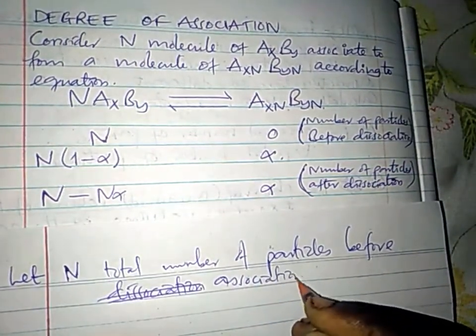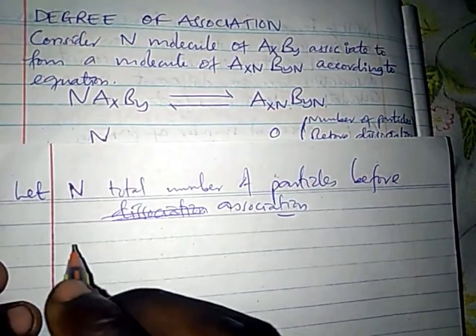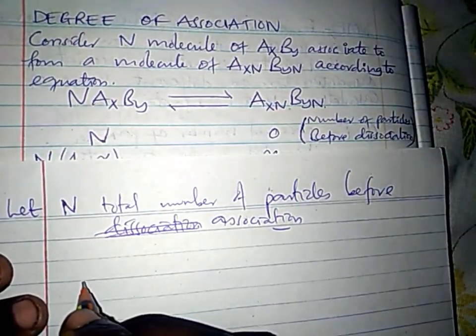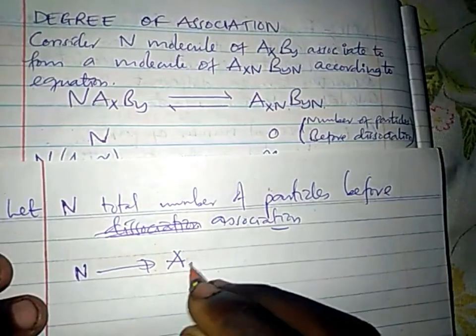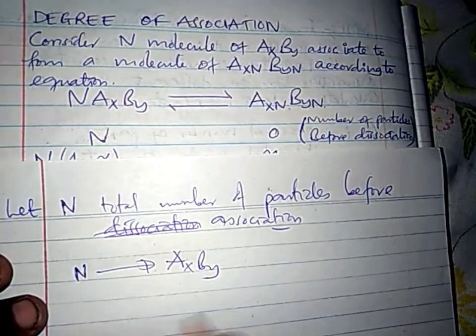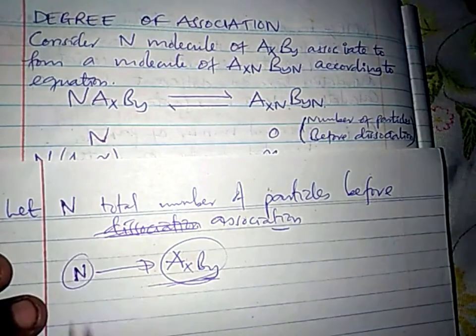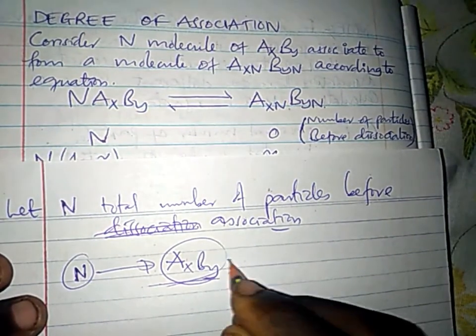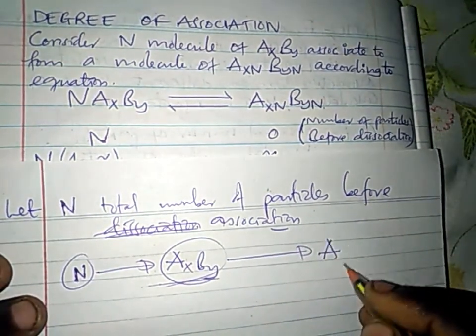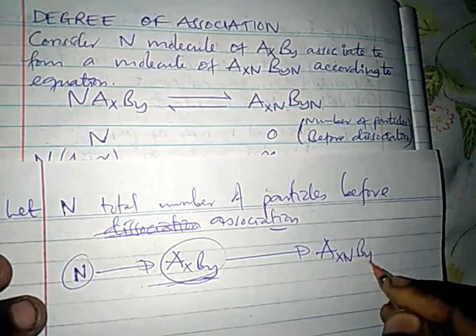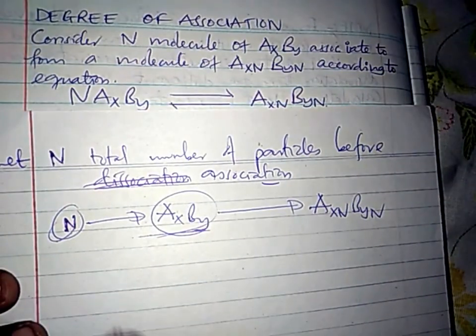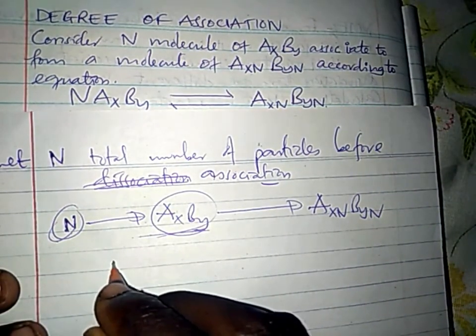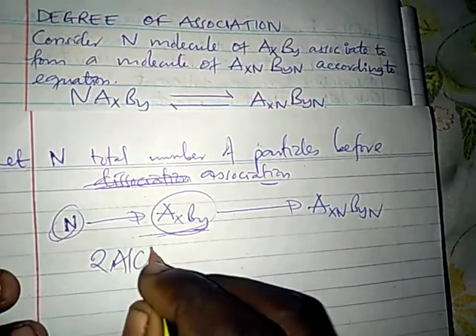Sorry, this is before association. Let's say we have a certain molecule with n particles, written as AxBy. These n particles associate, and after association they will form AxnByn. For example, as we had 2 molecules of aluminium chloride.